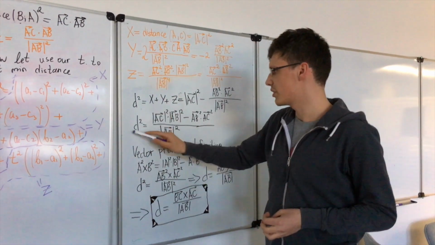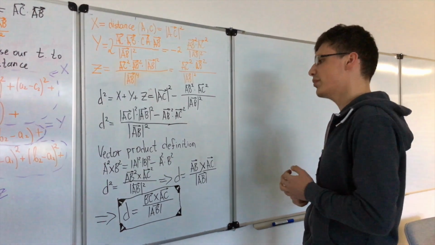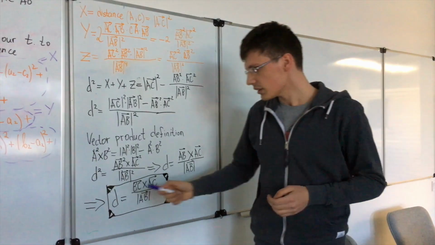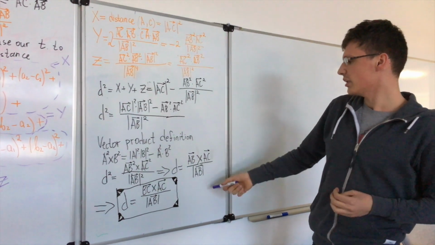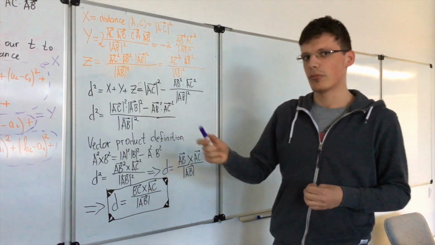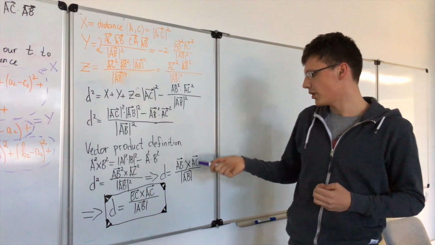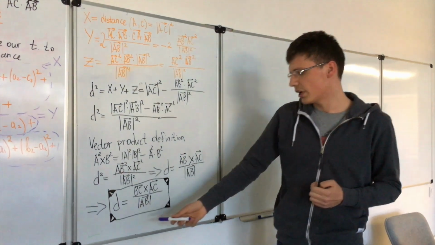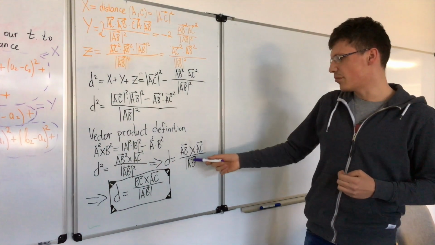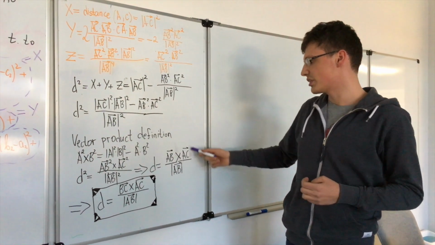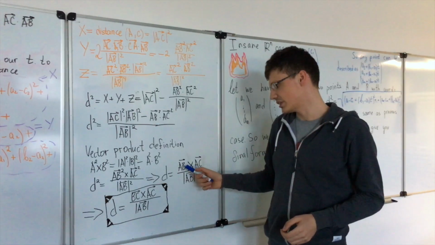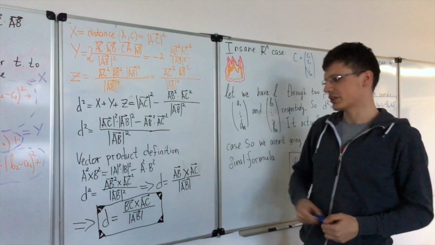Now we will change it a little bit, and we remember the definition of the vector product. So we can take that d is just the vector product divided by the absolute value of AB. So we can change AB to BC because it describes the area of a triangle. This means that the vector product is the same as this one.